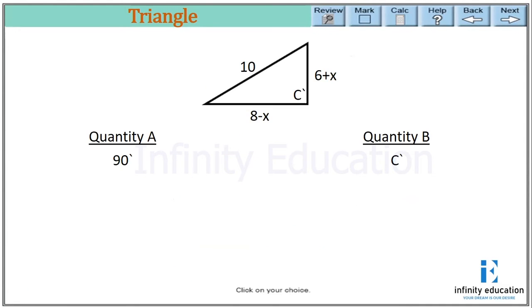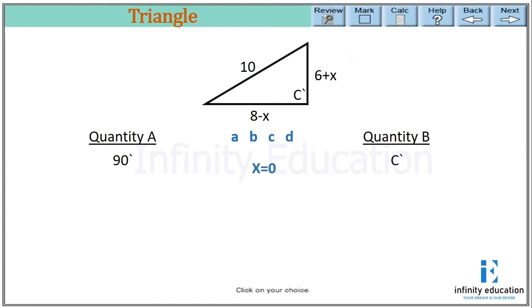So we can see this is a quantitative comparison question, so we must write the ABCD first. Here this is a quantitative comparison question with the three sides 10, 8 minus x and 6 plus c. So we have to find the value of c to compare with quantity A as 90.